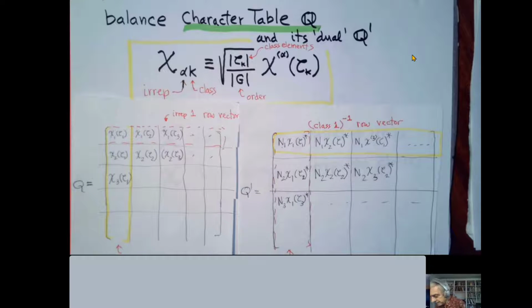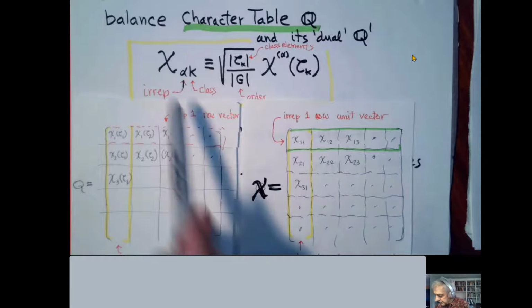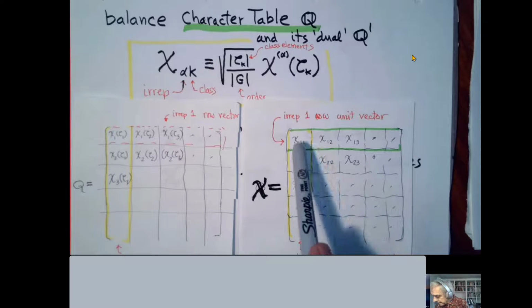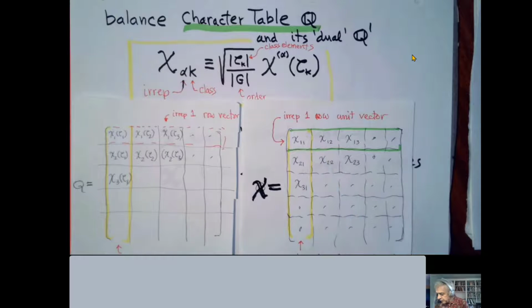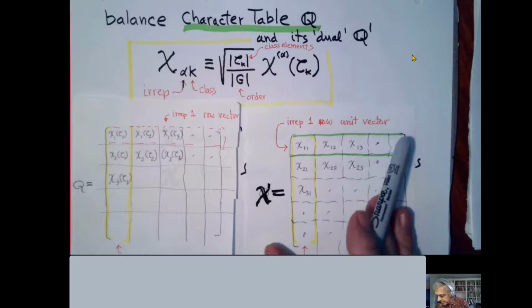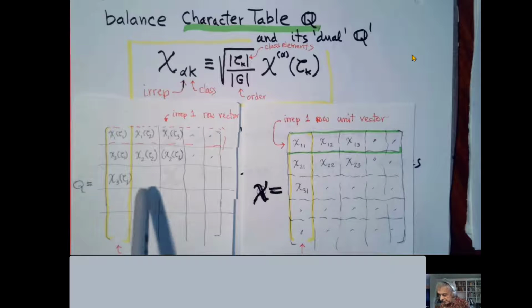And if I do that, the left-hand side, I can just write it as a matrix chi, where the row of the matrix is I run over the classes for a given irreducible representation, and the column, I fix the class and I run over irreducible representations. So that's just compact notation for this, but I've rescaled it by a square root, which I've distributed.